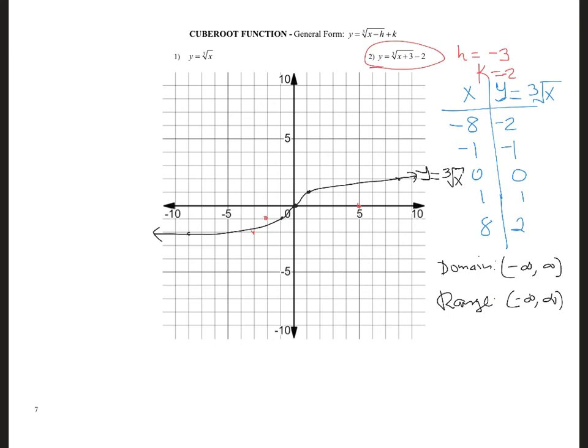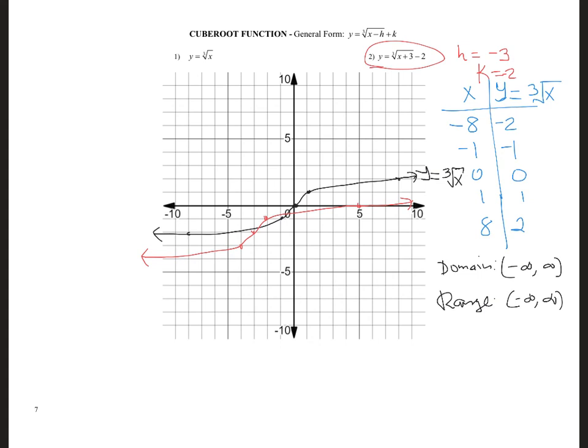Then 1, 2, 3, 2 down. And the other point is 1, 2, 3, 2 down. And then all I need to do is to connect those points. And that will be the transformed function.